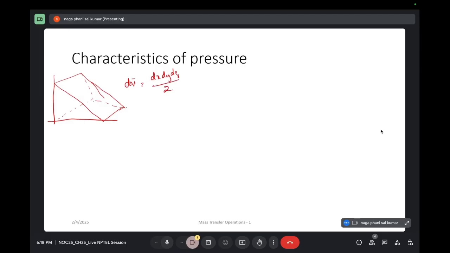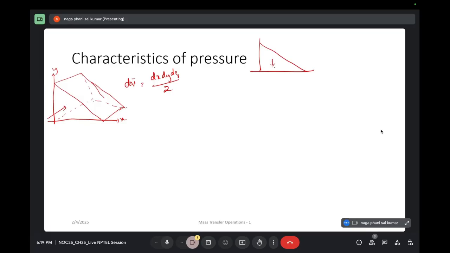This is going along our x-axis and y-axis. If you take the front view from this direction, this looks like a right angle triangle, right? So the weight of this sample will be in the downward direction.